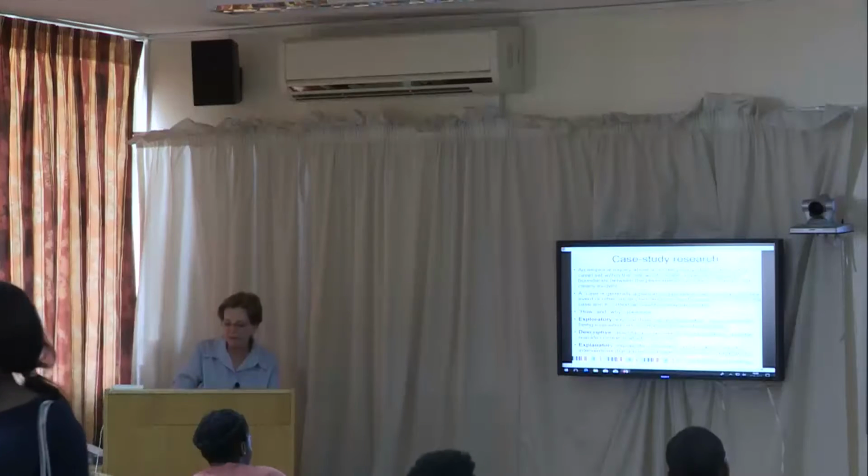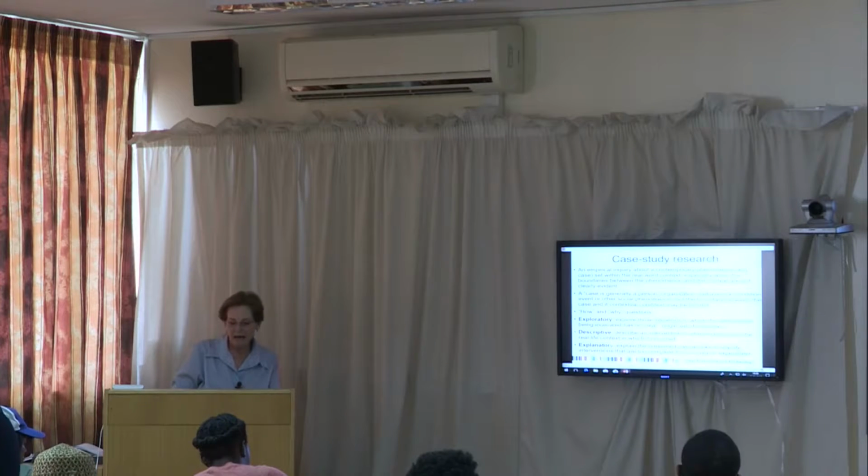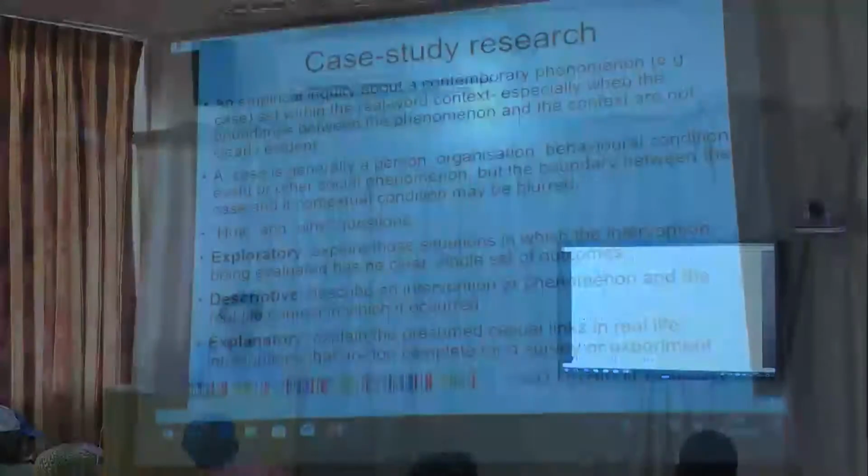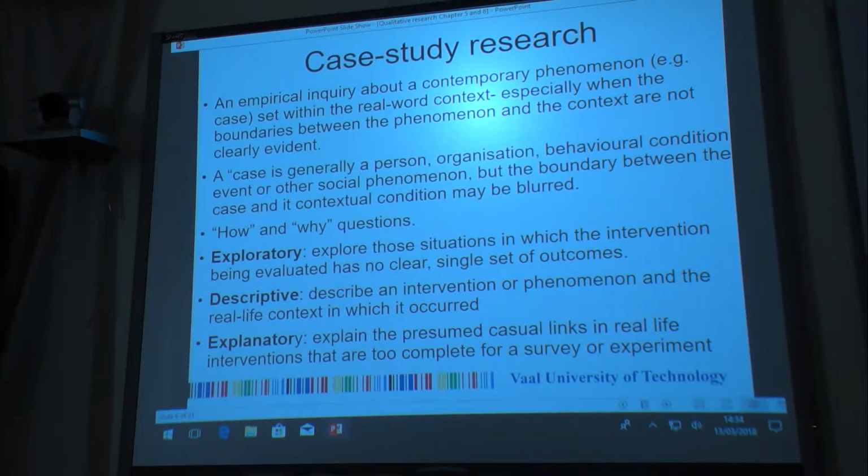So, descriptive research describes an intervention or a phenomenon and the real life context in which it occurred. Then we can also explain what happened, and that becomes explanatory research. So we explain the presumed causal links in real life interventions that are too complicated to just do a survey or an experiment. We need to really go and talk and explain what happened.